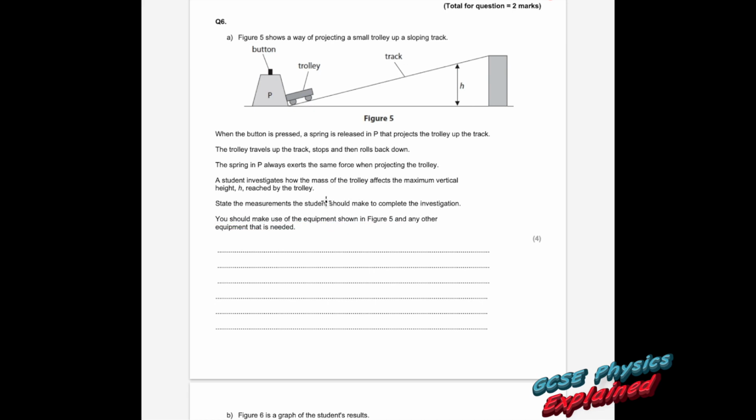Right, so they've told you everything you need. So they're investigating how the mass of the trolley affects the maximum vertical height. What equipment are we going to use? Right, well, we'll need to measure the mass with a top pan balance. And we need to measure the vertical height with a ruler, I'd say.